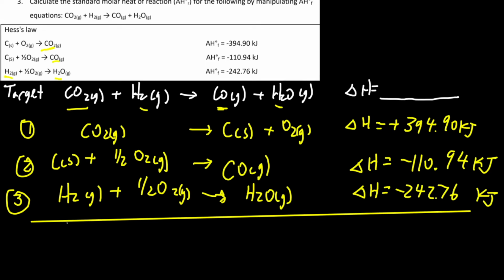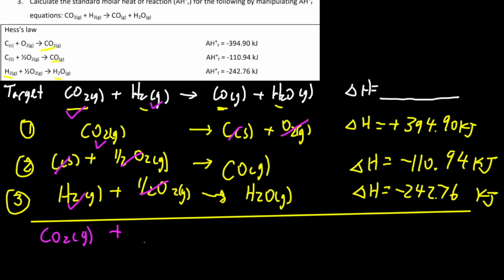All right, so let's try to cancel some of these things out. So we have carbon solid, gone. We have half and half O2, which cancels out with one whole O2. Great. And from here, I believe we should have our final answer. So CO2 gas, check. Plus H2 gas, that's good.